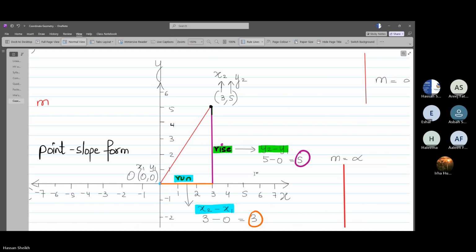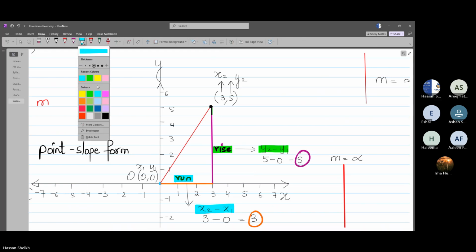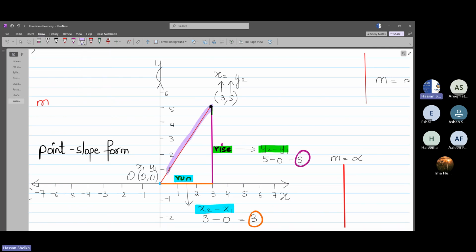So let me shade that line here with purple. Do you see this purple shaded line? This is the red line. One end point of this line segment is at the origin.